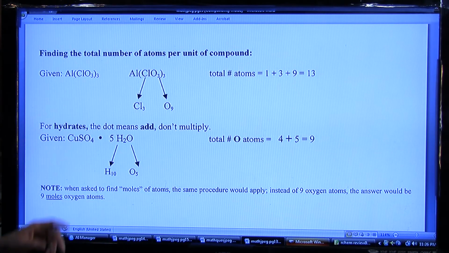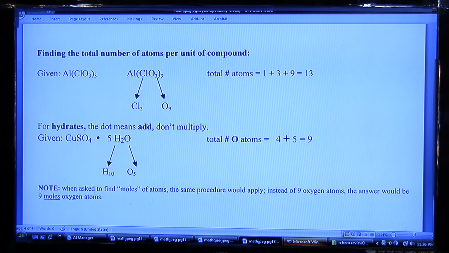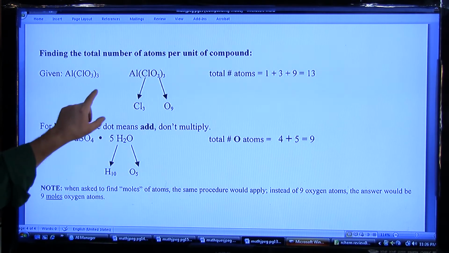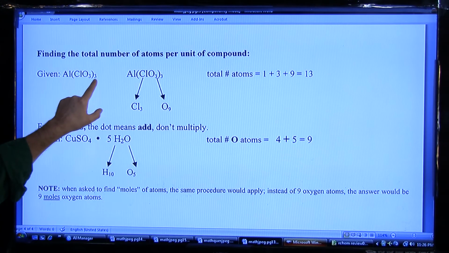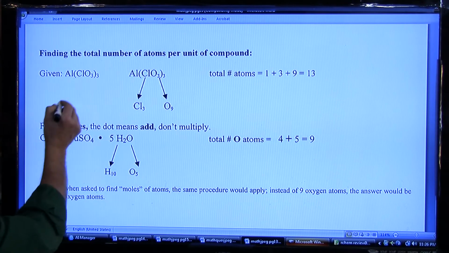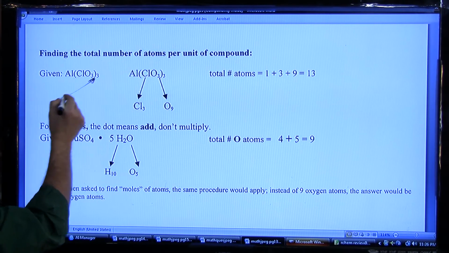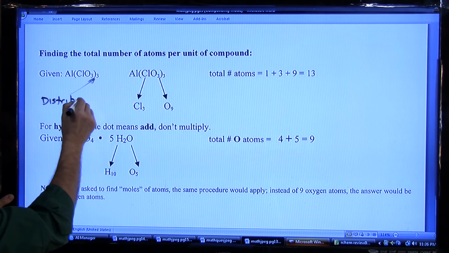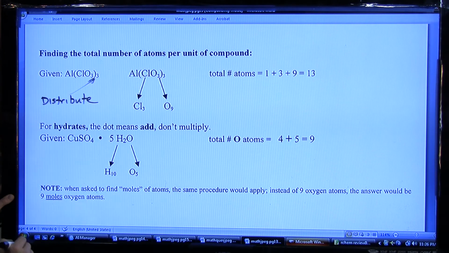Suppose they give you Al(ClO3)3 and they ask you, in a unit of this compound, what is the total number of atoms? That is, all of the atoms. Well, you're going to have to distribute this 3 here to get rid of the parentheses. All right.